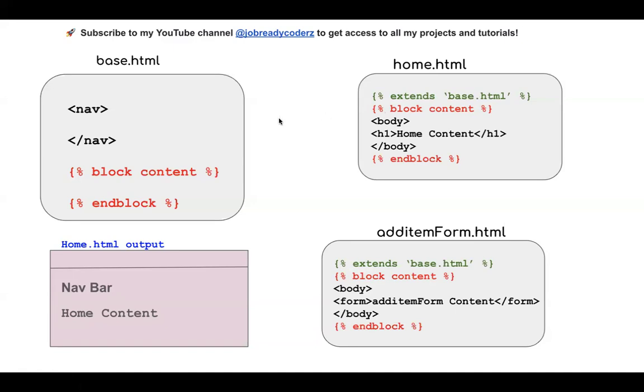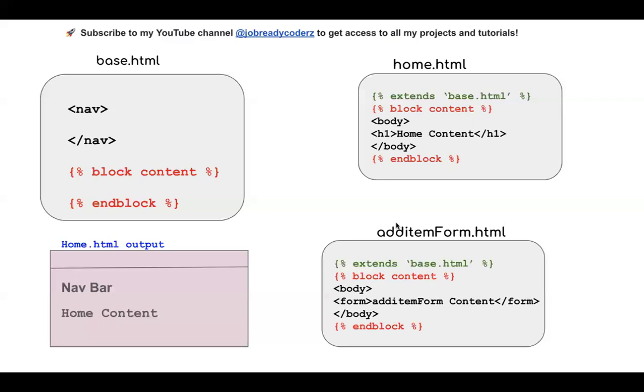Base, right? So control will go to the base. So in base, you are telling first load navbar. So it will load navbar. Then you have given block content end block. So what should I load inside block content end block? Whatever the content you have given here. This content will be loaded inside this.